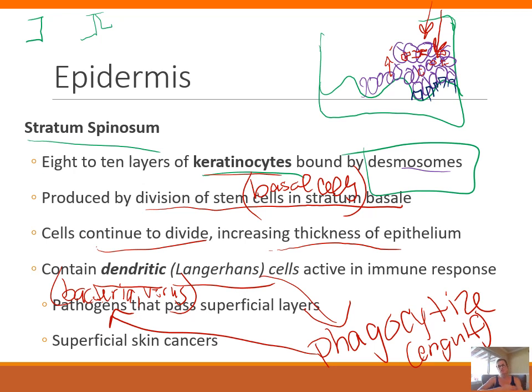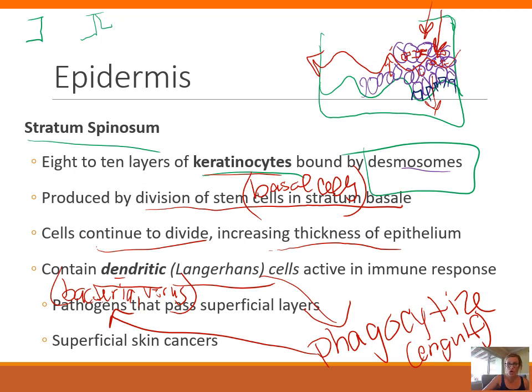Maybe you scratch yourself and the skin's open there, so things can get in. Now, these dendritic cells roam around the stratum spinosum looking for pathogens, and if they see one, they phagocytize it or eat it and get rid of it before it makes its way all the way into the body. Okay, hopefully that's the goal.